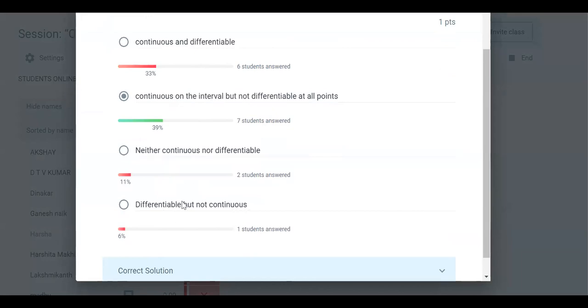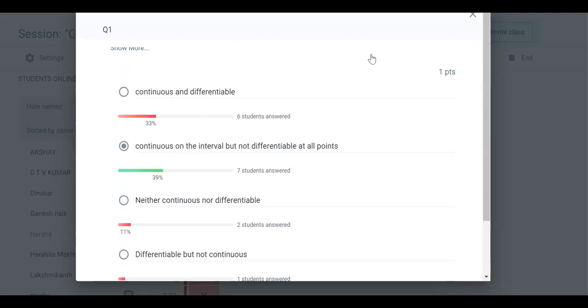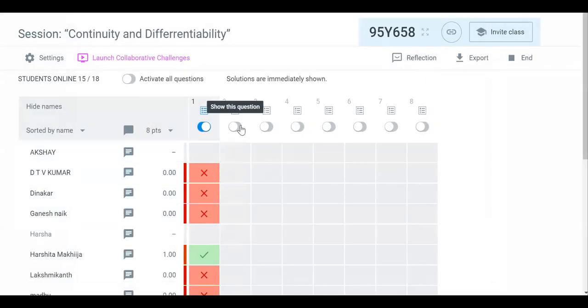Remember, if a function is not continuous at a point, it cannot be differentiable because it already has a break. It cannot have a unique tangent. Differentiability means function is already continuous, but continuity does not imply differentiability. All right, let's move to the next question.